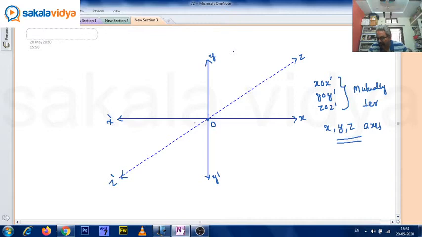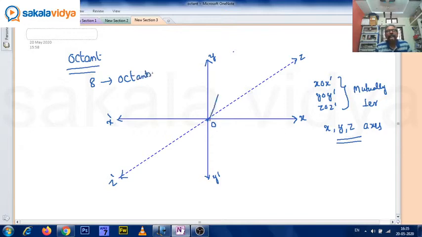Each compartment is called an octant. How many octants do we have? 8 octants. Understood now?